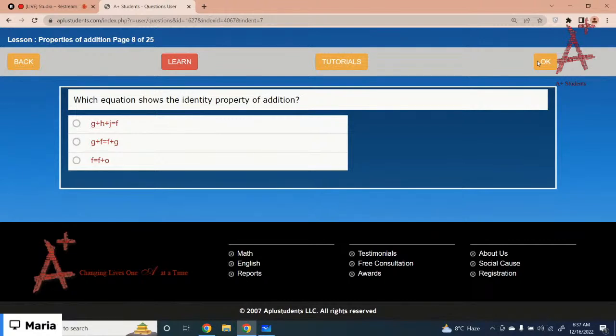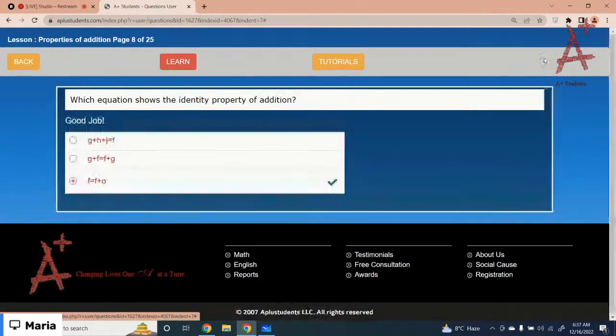Which equation shows the identity property of addition? That is the last one. That is the identity property of addition. Got it? Very good.